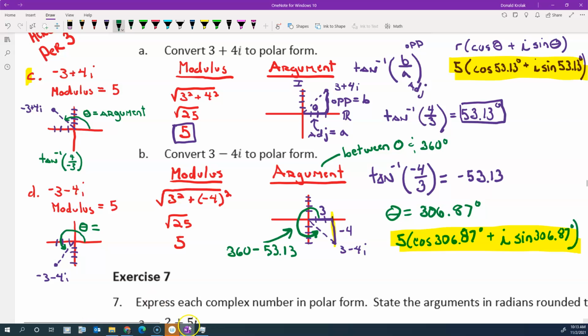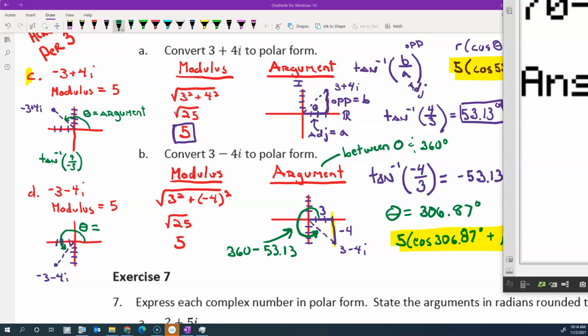Okay, so on the calculator, or if you do that on your phone, it doesn't matter where you put the negative. You can put it in front, you can put it behind, on the top, on the bottom.